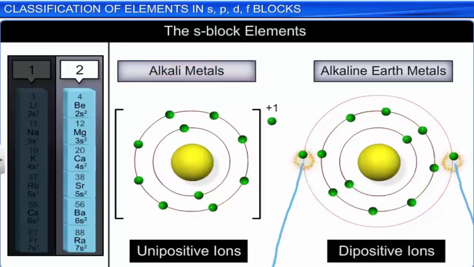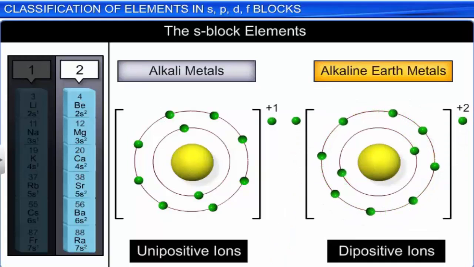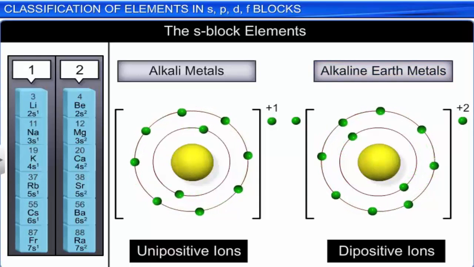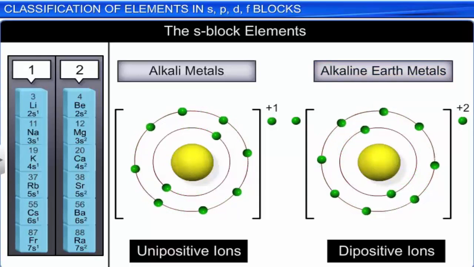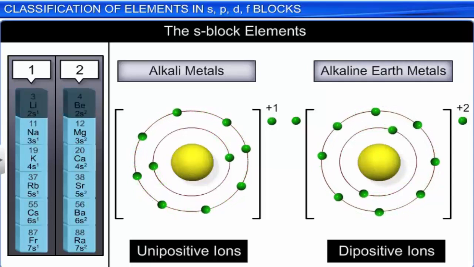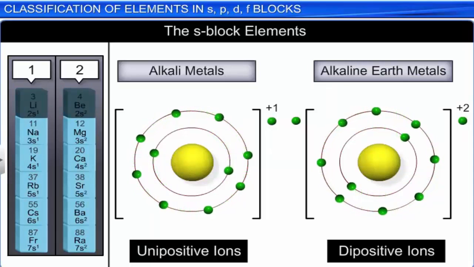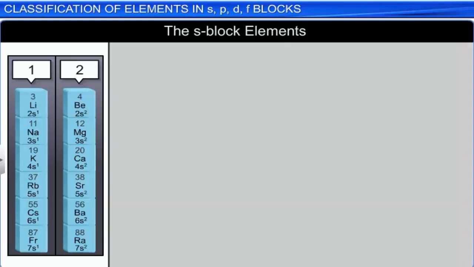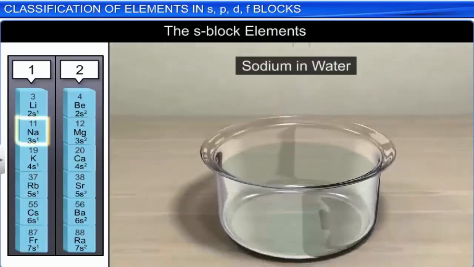Therefore, the compounds formed by the S block elements, with the exception of those formed by lithium and beryllium, are ionic in nature. Due to low ionization enthalpies, S block elements are highly reactive and therefore are never found in pure form in nature.